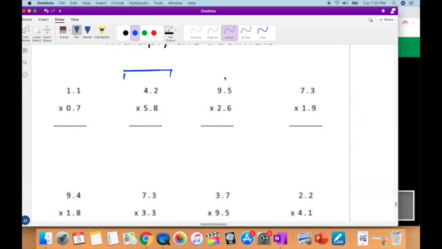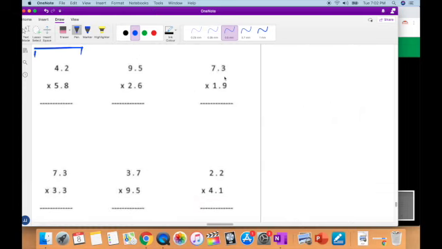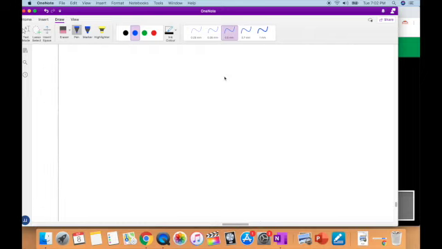Kamal, you done this yet? How do we do this? Somebody explain it to me. 4.2 times 5.8. How do we do it? So much like normal, then put as many places as the decimal points have in there.